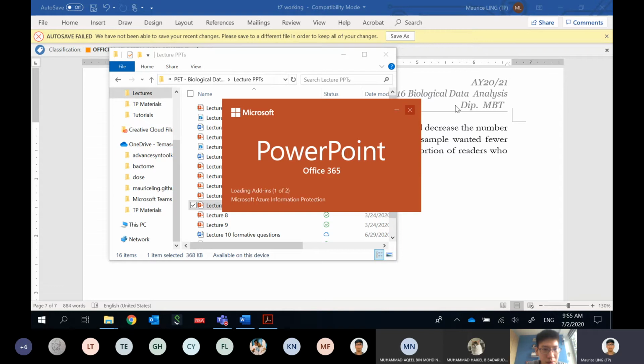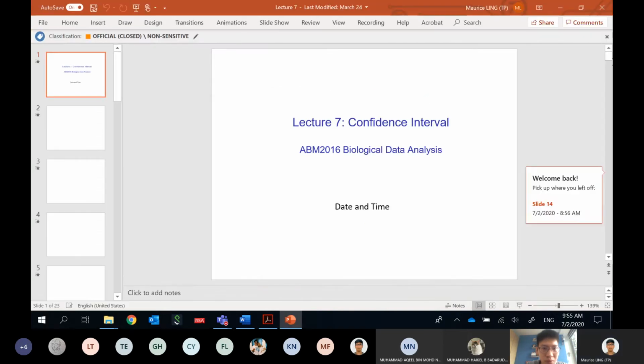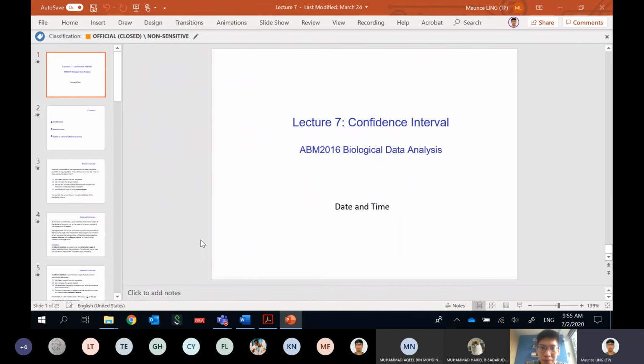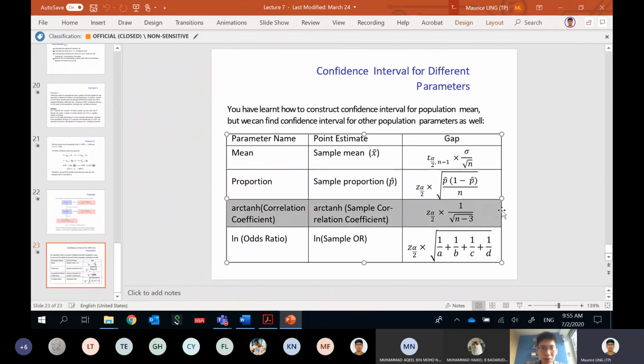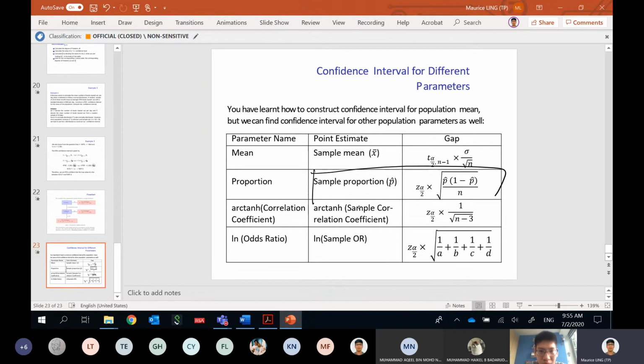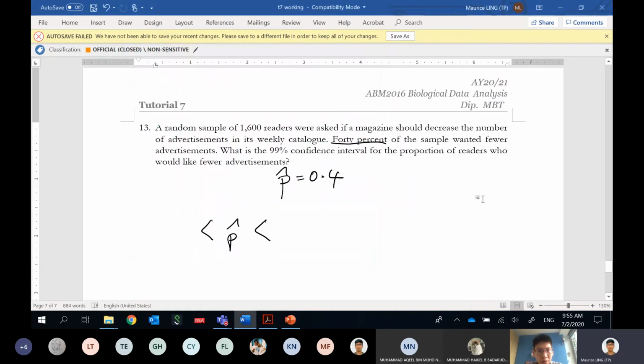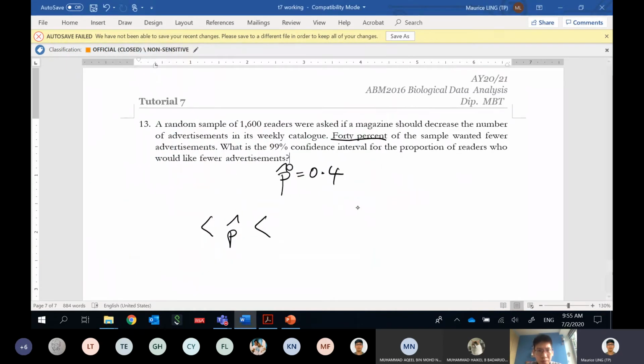Yes, sir. Okay. So lecture 7, you go all the way to the last slide. You use this. So for proportion, you actually use this to calculate. So what you have is 0.4 plus minus, 1,600 readers.